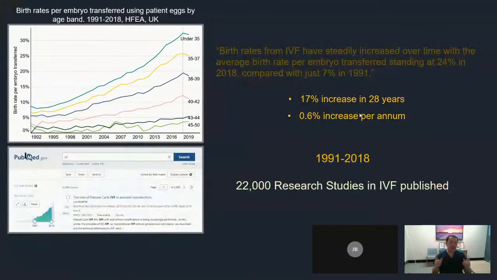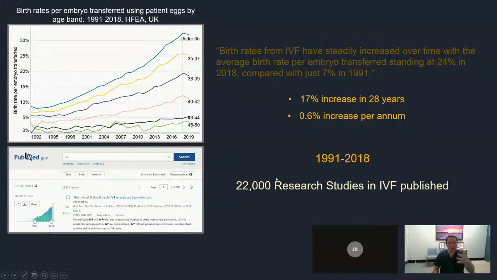And also, if you take into account that during this 28-year period from 1991 to 2018, 22,000 research studies were published in IVF in PubMed. These are cited papers, 22,000 research papers published.